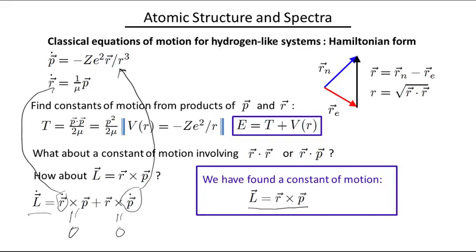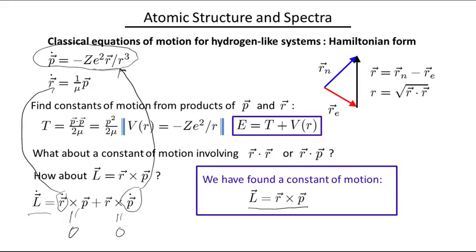So let me say two things about this. This result that the angular momentum is a constant of motion is generic for systems in which the force is the gradient of a radial function. That is, there's no dependence of the force on the relative angle between the two particles.